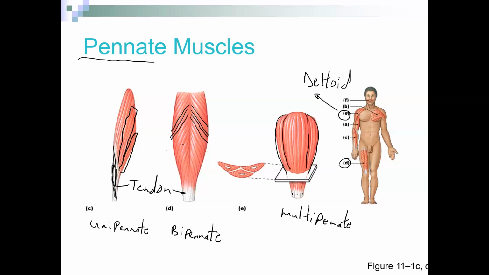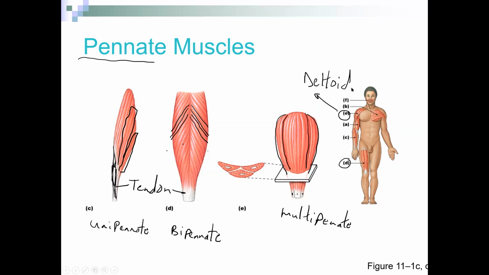I'm sure everybody knows where the deltoid is, right? At least I hope so. Nobody assumes so. We'll check later and see. But the deltoid muscle is multipennate, and that one also assists in the moving of your forearm.